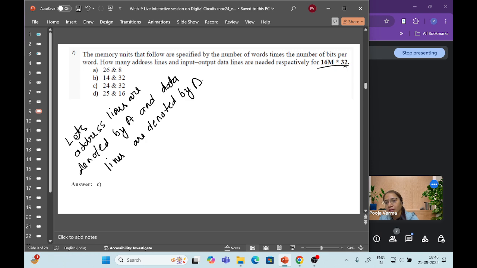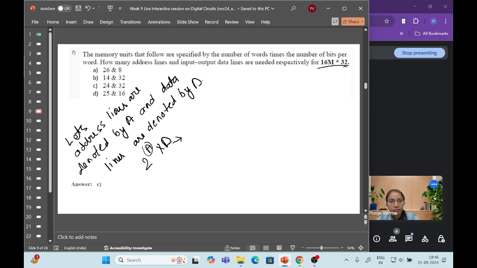Already we know how we can represent the address lines and data lines, that is 2 to the power A into D, right? Here D is the number of data lines and A is the address lines. Now we have to put it in that format.